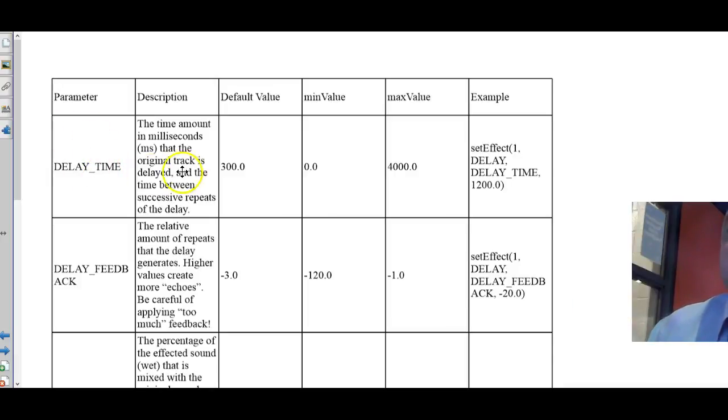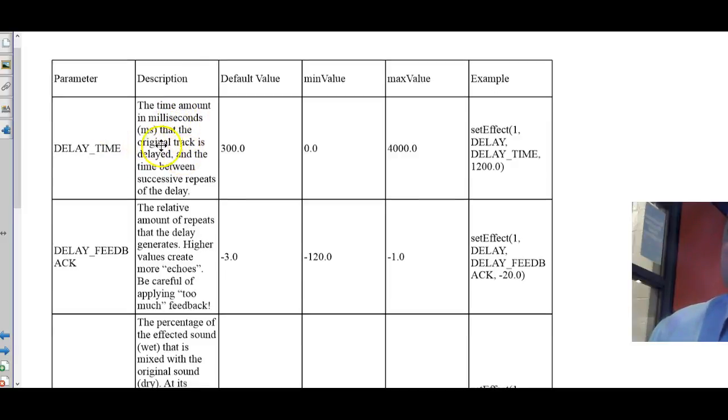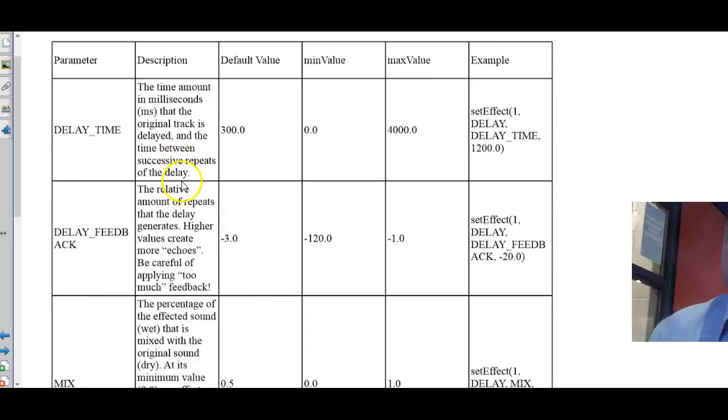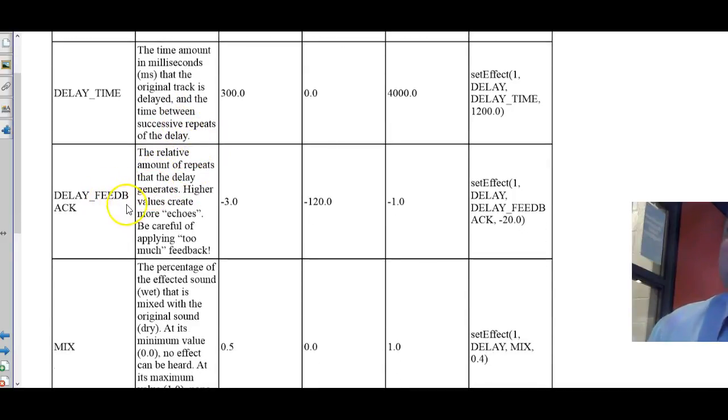So here are the different types of parameters that delay can take. First, we've looked at delay time, which is the time amount in milliseconds that the original track is delayed, and the time between successive repeats of the delay. Then we have delay feedback, which we looked at, is the relative amount of repeats that the delay generates. Higher values create more echoes. Be careful applying too much feedback.